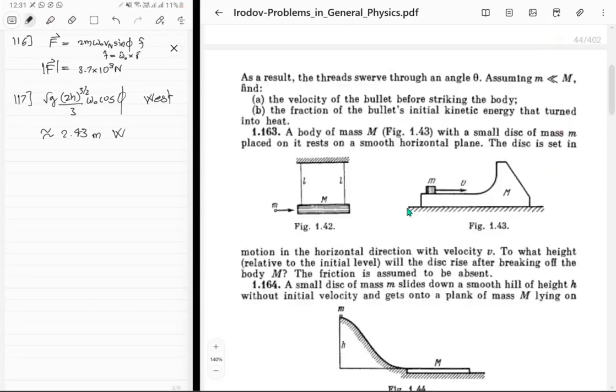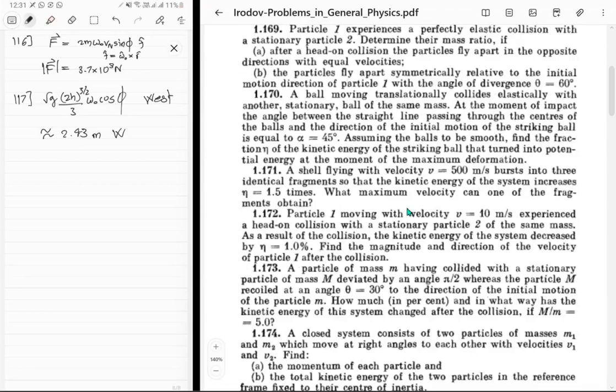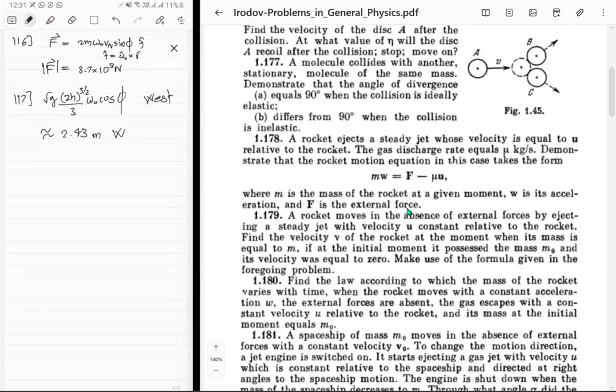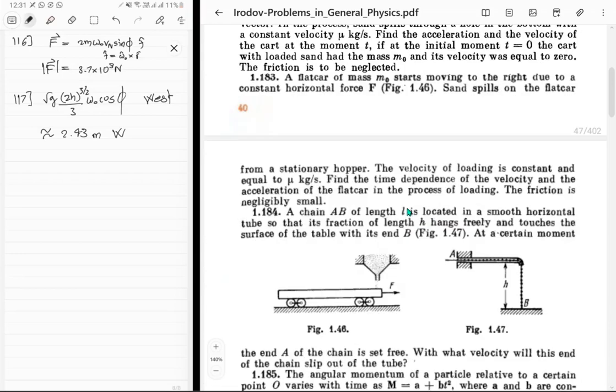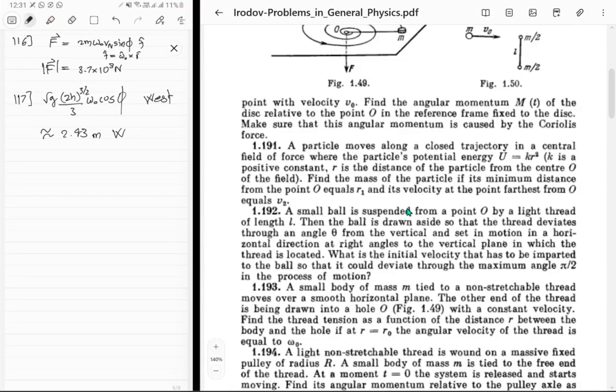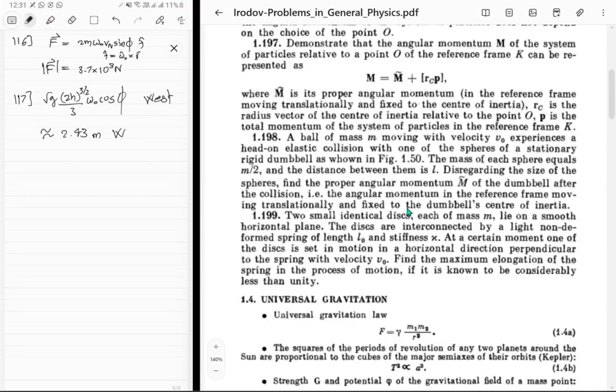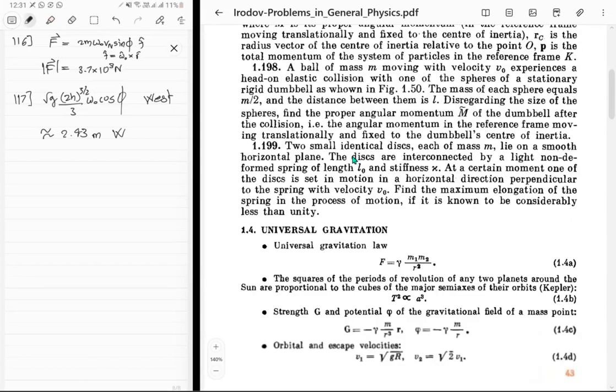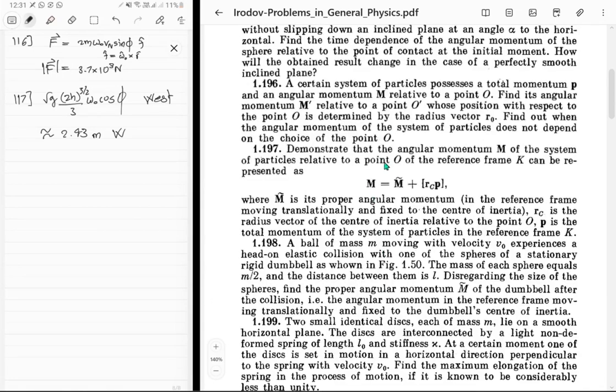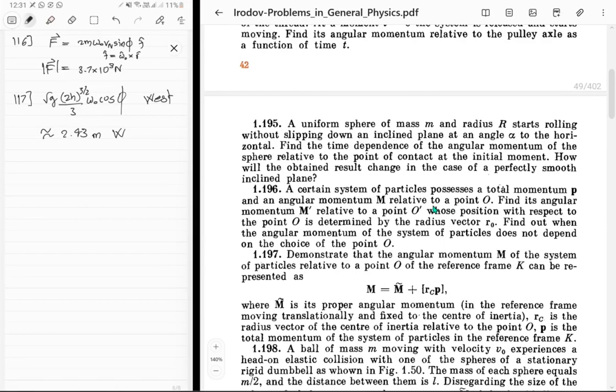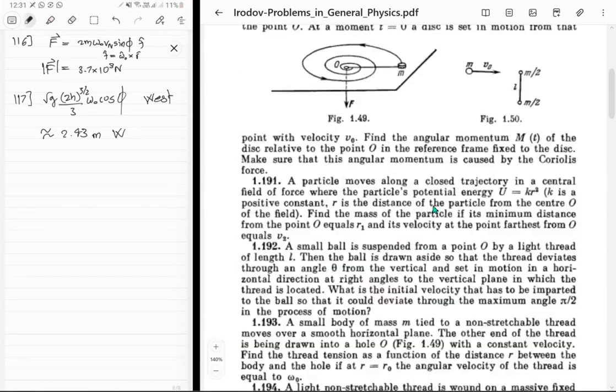It just keeps on going, it doesn't stop. It's a lot of these. And then finally, after reaching about 200, you get universal gravitation. So that's when gravitation starts. Till now, it's basically just normal rigid body mechanics and things like that.